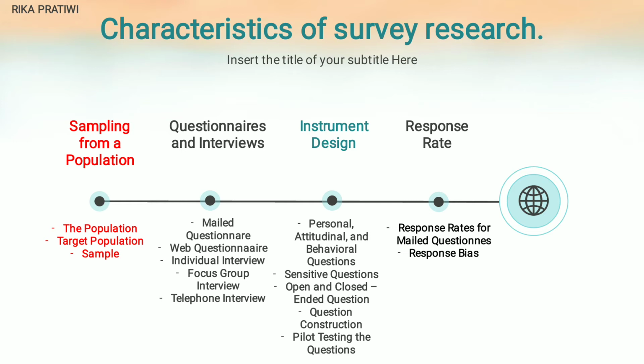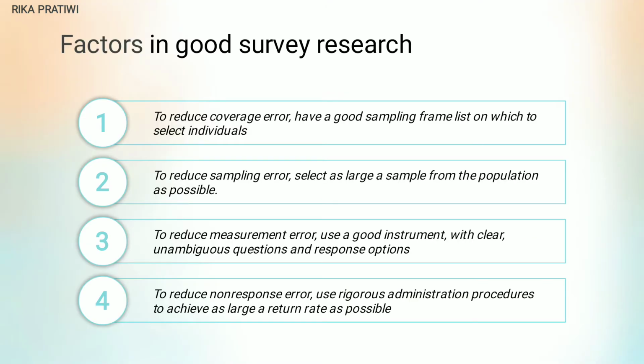These individuals are the people studied. And these are the factors for making a good survey research. There are four factors you can read in your book on page 382.